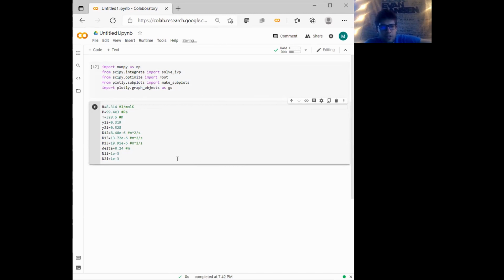I also changed the pressure from kilopascals to pascals, because these will all conform now in our equations. The other thing I did is I added our initial guesses for the molar flux of acetone and methanol that we defined in part 1. So, let's get on with our coding.